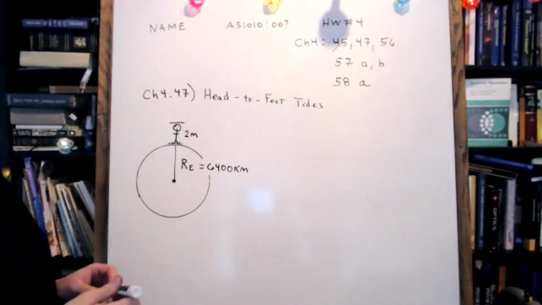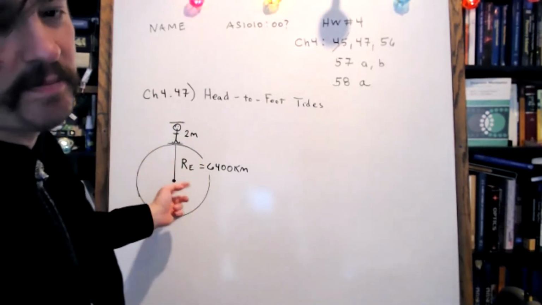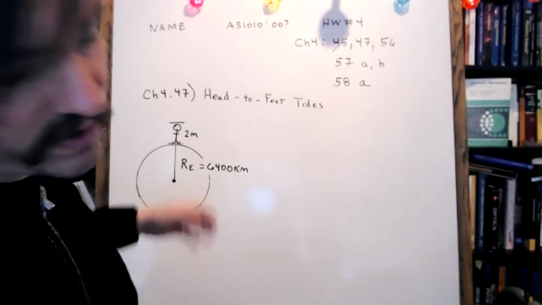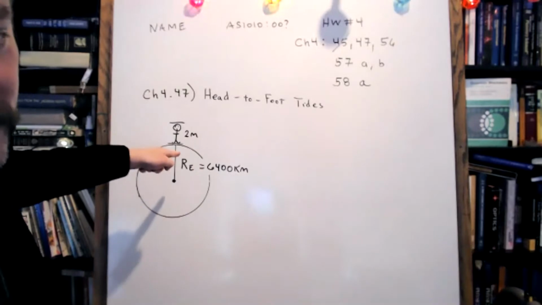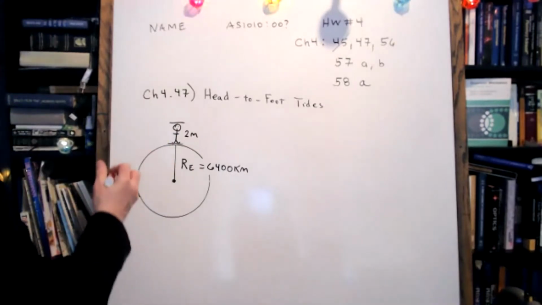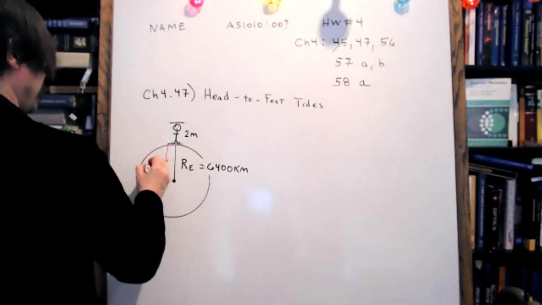And what this question is implying is that your feet and your head are both experiencing a gravitational force towards the center of Earth. But your feet are 2 meters closer to the center of Earth. So there should be a force, just like we talked about in today's class.